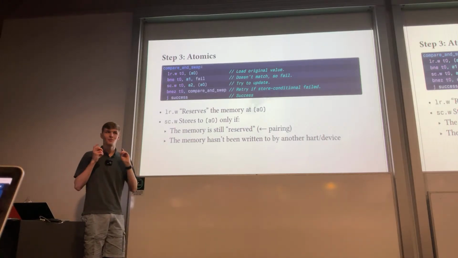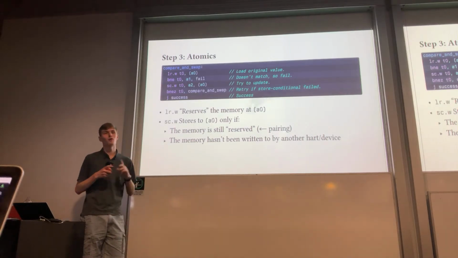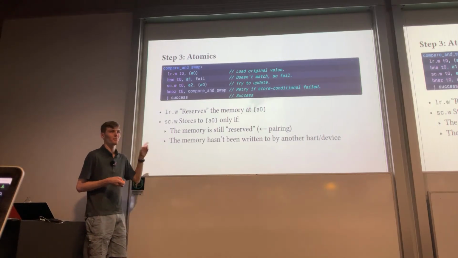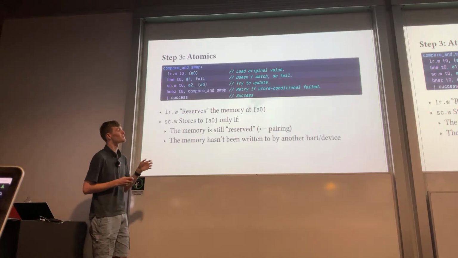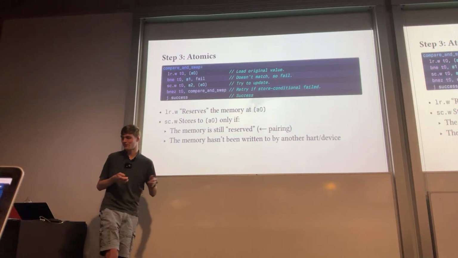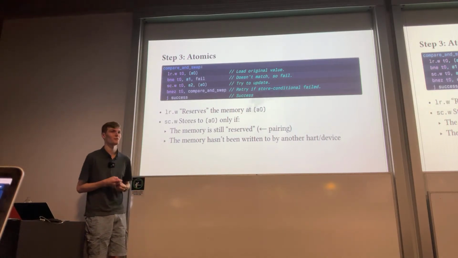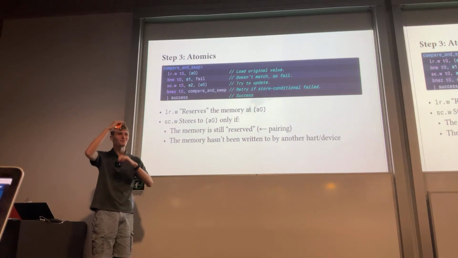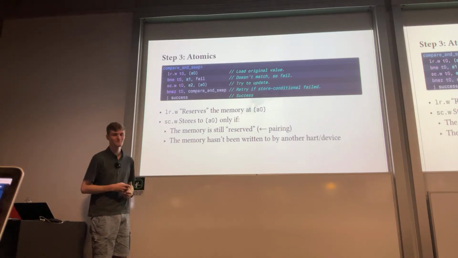Now, we haven't got any other hardware threads yet, and we don't have devices yet. So we actually only need to check the first thing. We only need to check that it's to the same address as a previous load reserved, and that there hasn't been another store conditional in between. So it is not as hard as the spec, very dense reading for this section, makes it look.